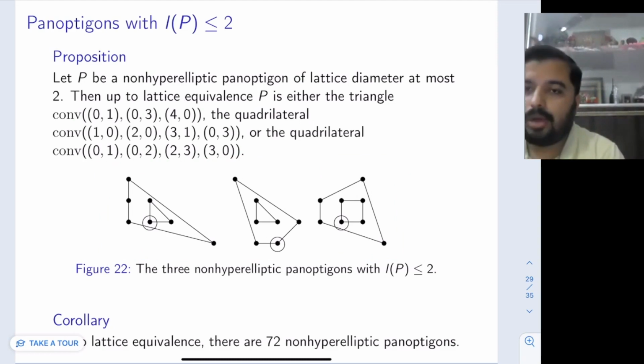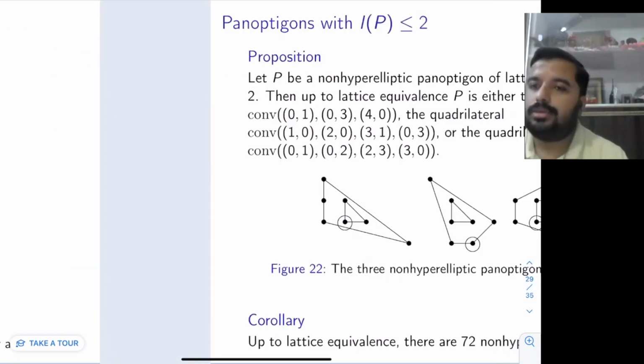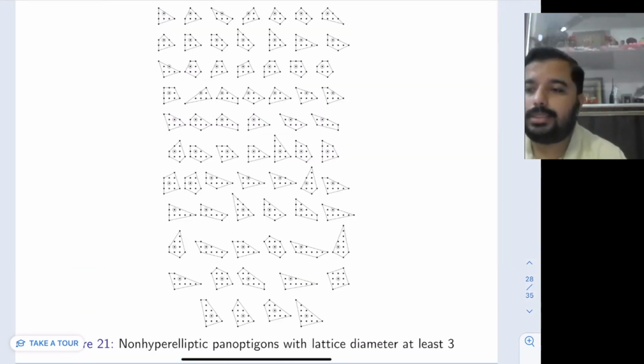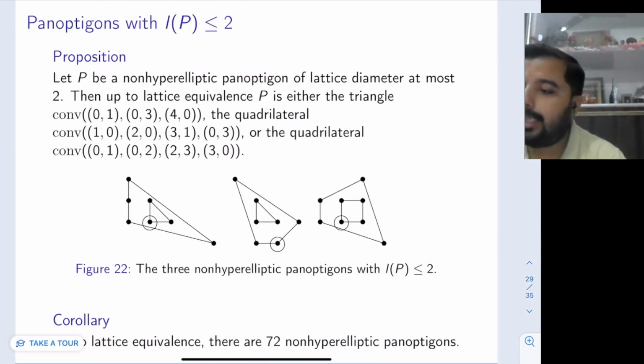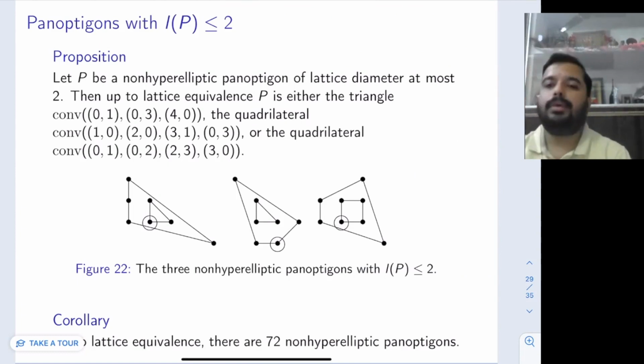So we bifurcated based on lattice diameter, once less than or equal to 2 and once greater than or equal to 3. The greater than or equal to 3 case provided us these 69, and the less than or equal to 2 case gave us these 3. So up to lattice equivalence, we were able to furnish 72 non-hyperelliptic panoptigons.